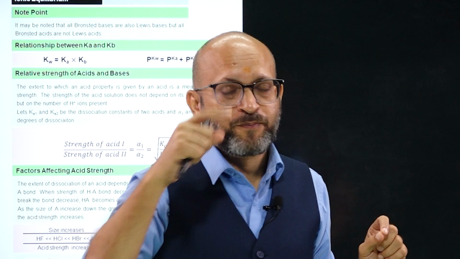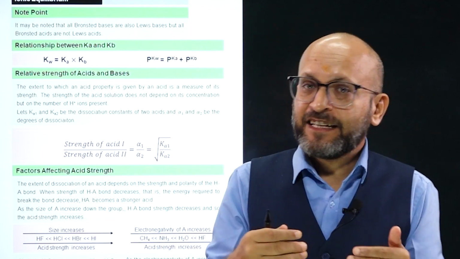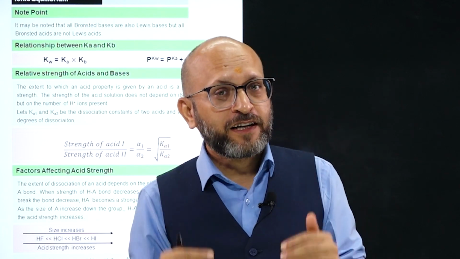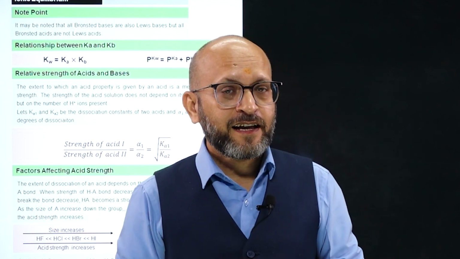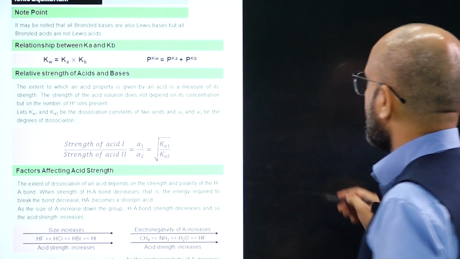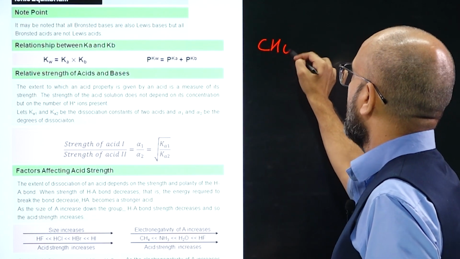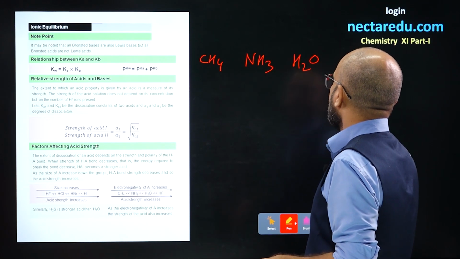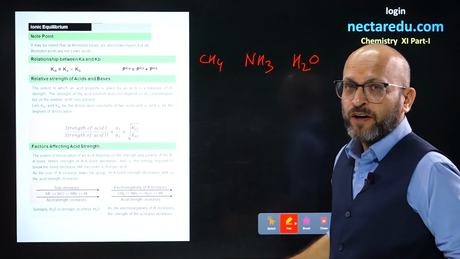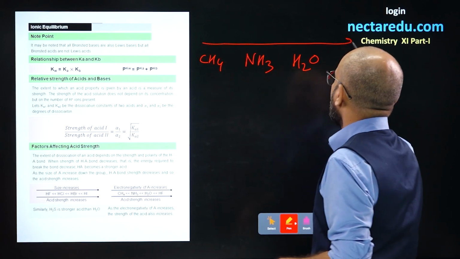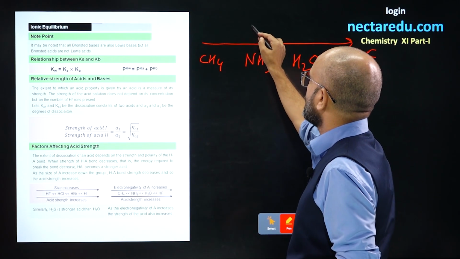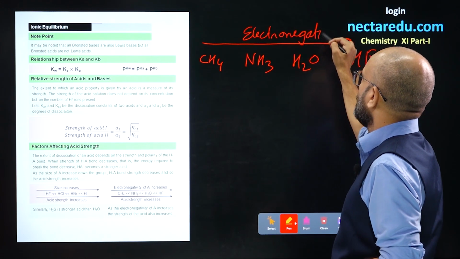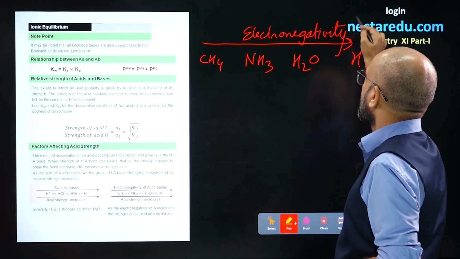All right, remember this. And if you are looking across a period, we see through electronegativity. The more the electronegativity, the more will be the acidic character. For example, if I compare CH4, ammonia, water and HF, electronegativity of the element is increasing in this direction, so does the acidic character.